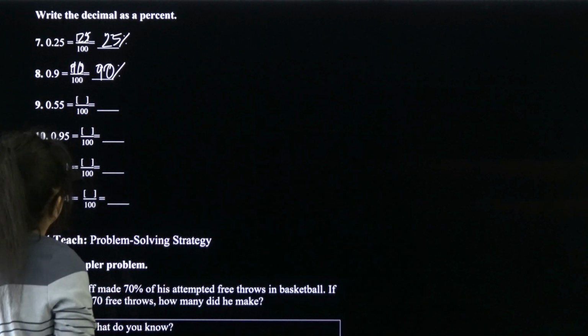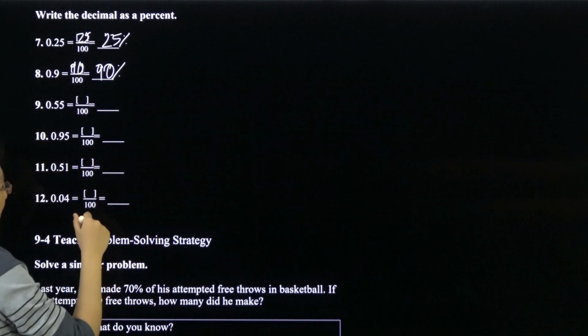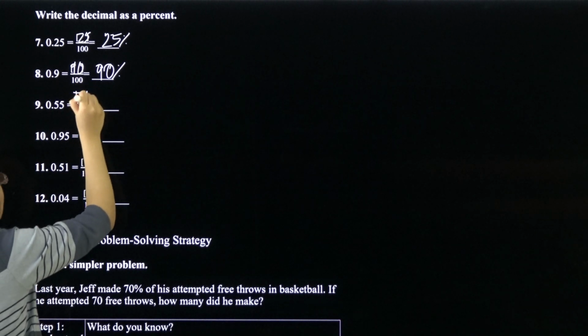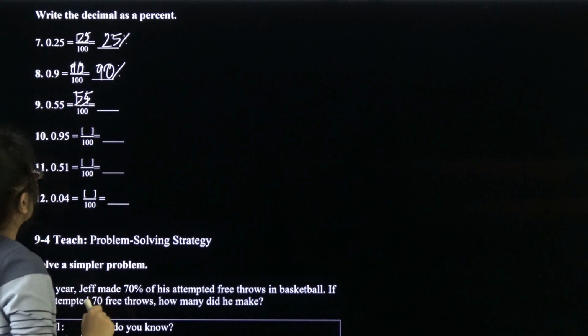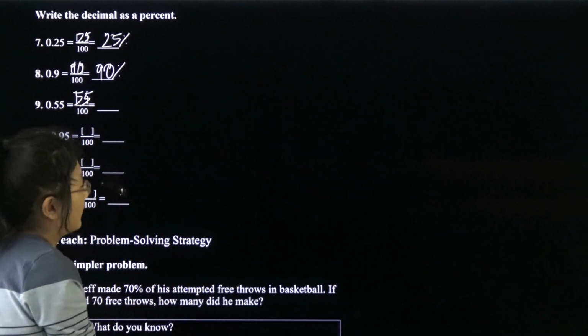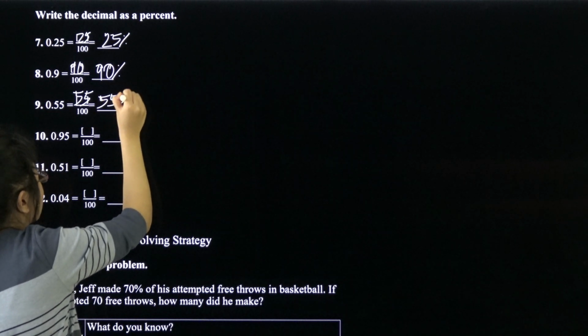As I said, you could just move the decimal point back. You don't need to do this step, but for the sake of getting used to it, we're just going to do it like this. 0.55 or 55 hundredths would be 55 over 100, and that would be 55%.